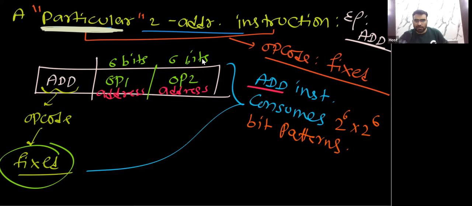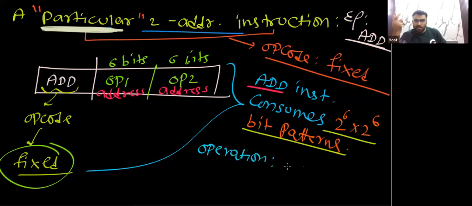Now you tell me one thing. These bit patterns, can I say these are instructions? Are these instructions? No, these are not instructions. These are the bit patterns consumed by the addition instruction. The operation is only one, addition.